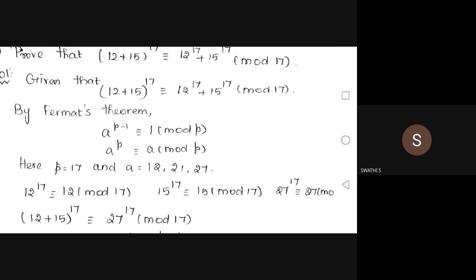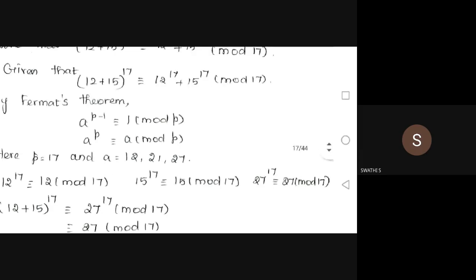In a similar way, we can write 15 to the power 17 is congruent to 15 under mod 17. Then the summation 12 plus 15 is 27. So 27 to the power 17 is also congruent to 27 mod 17.